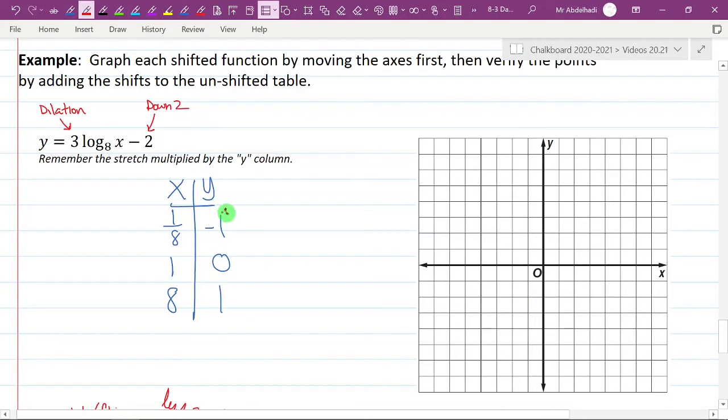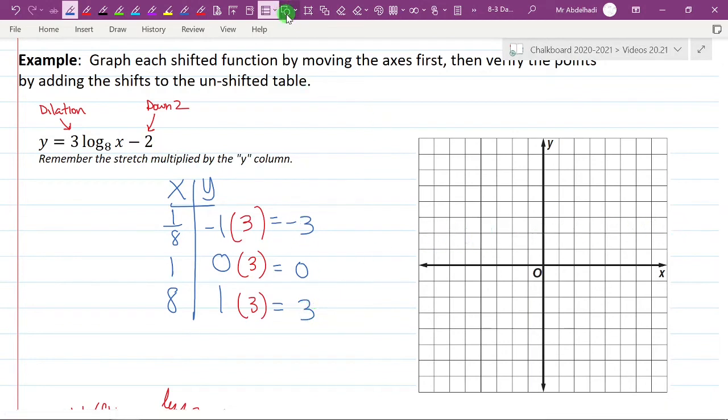Then we stretch. Okay, there's a 3 on this, so 3 on all of these. -1 times 3, 0 times 3, and 1 times 3. And now for the shift, instead of adding a shift or subtracting a shift from here, we just move our axes on the graph because we have to graph the axis anyway.